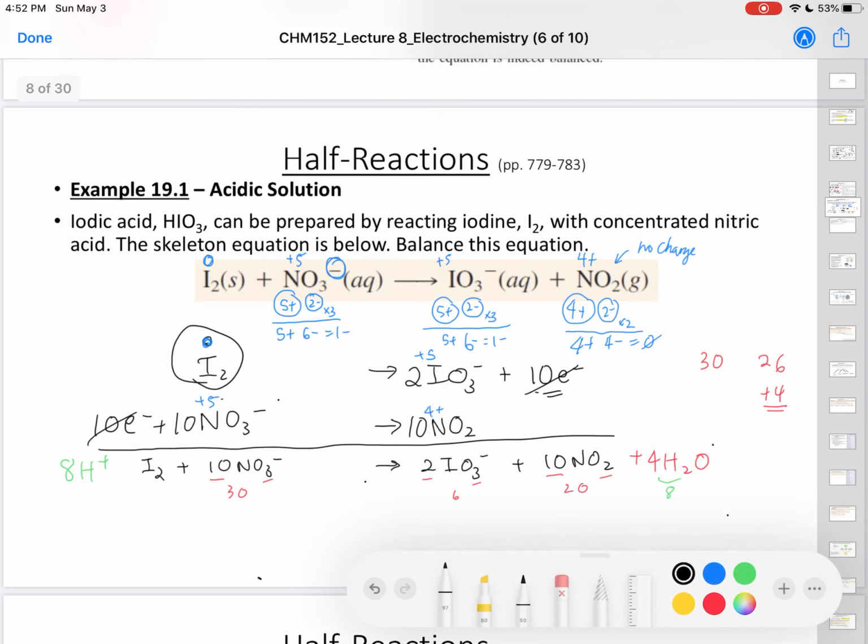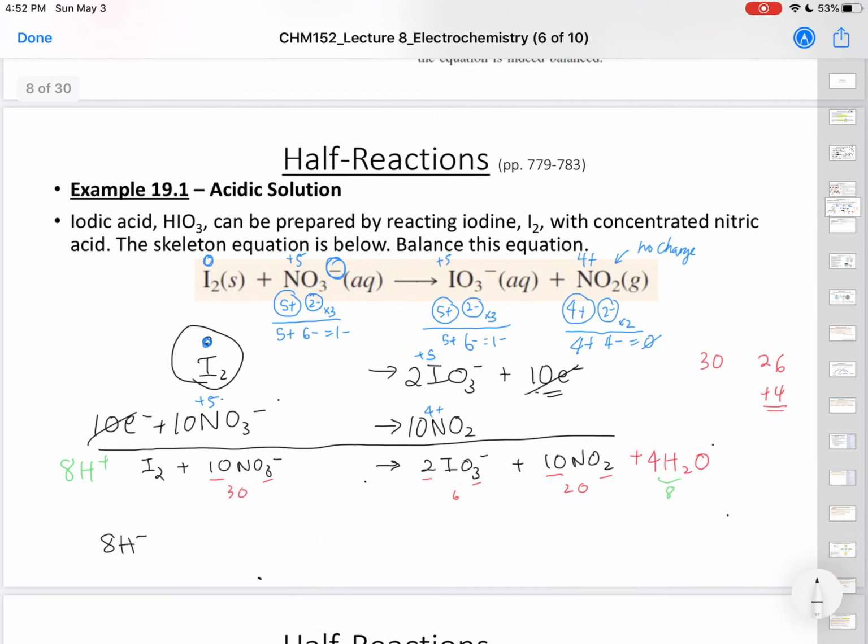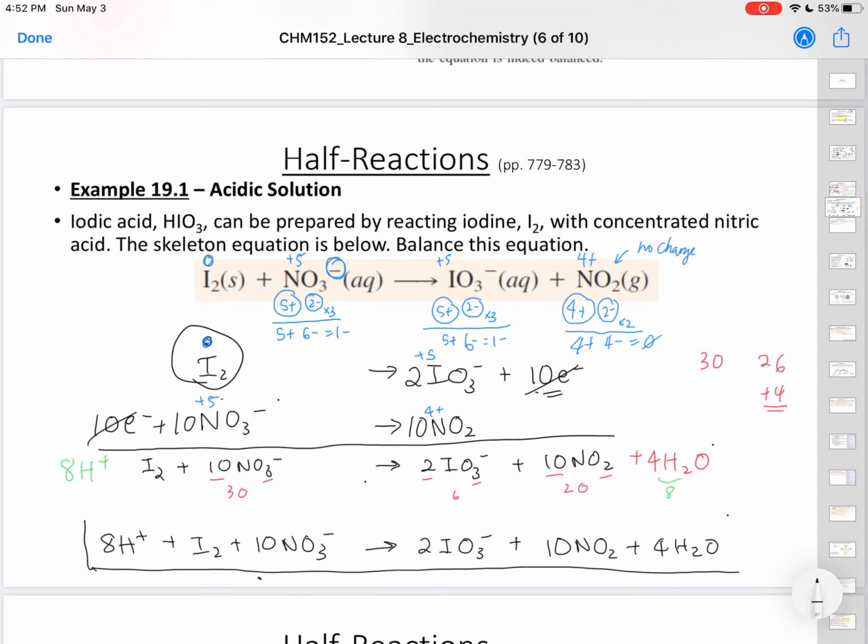Okay, so that gives us final answer 8 H pluses plus I2 plus 10 NO3 minus gives us 2 IO3 minus plus 10 NO2 plus 4 waters. Okay, so that is our final answer.